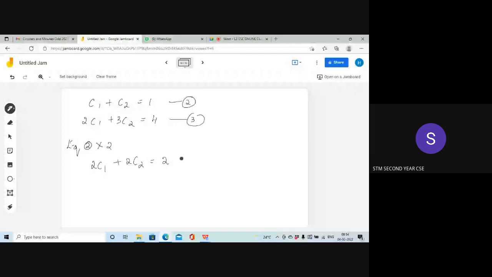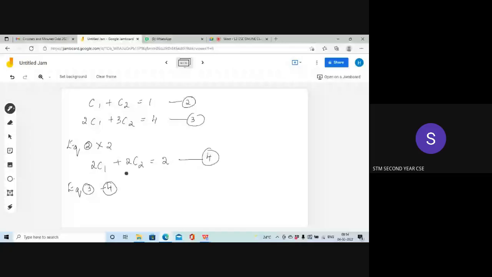Then you can subtract equation 3 minus 4. When you subtract 2C2, you will get what? 3C2 minus 2C2, you will get 1C2.